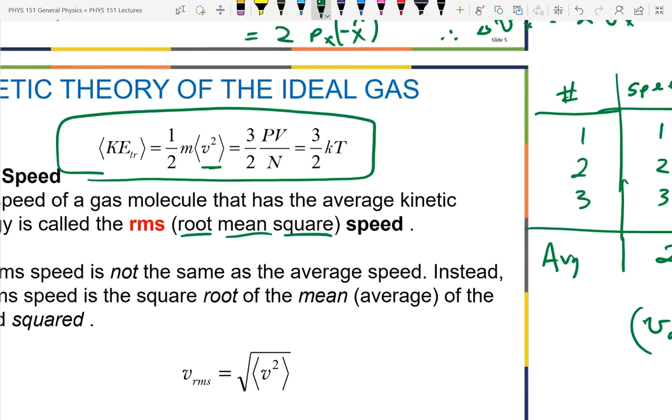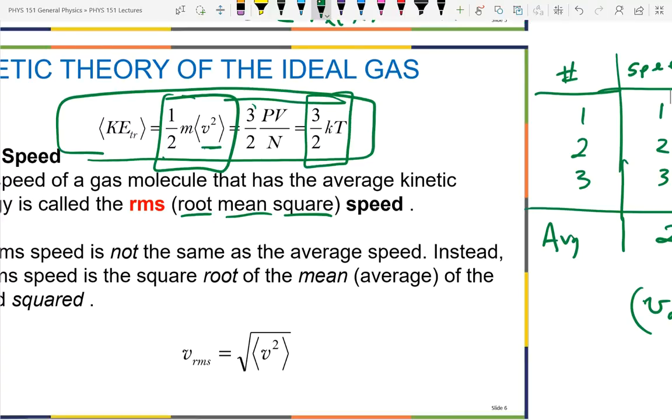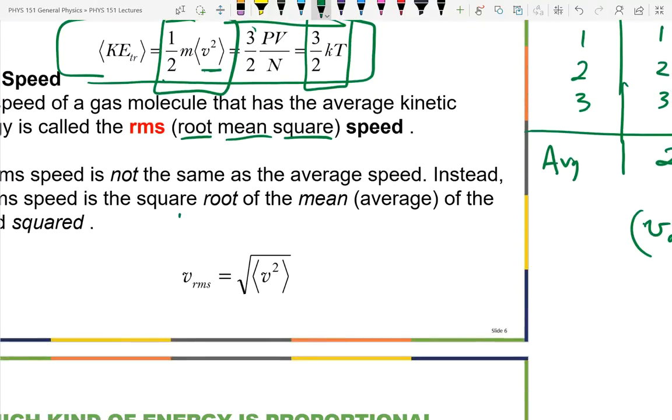If we look at this equation and we relate this to this, that is 1/2 m v squared average is equal to 3/2 kT. Multiply both sides by 2 over m.